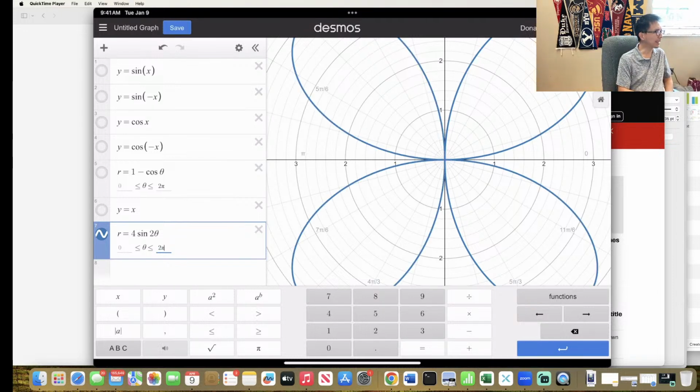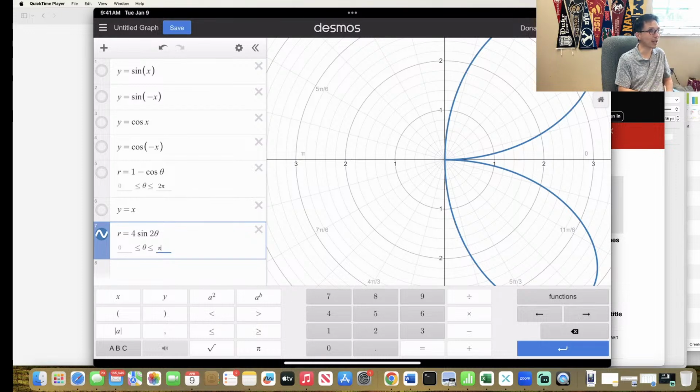But you're going to be like, wait, are they symmetric to the x-axis? No, they're not. Because if you do 0 to pi, 0 to pi is like this. If they were symmetric to the x-axis, it would be the exact same thing. So they are not symmetric to the x-axis. They are symmetric to the y-axis, because if you graph halfway, it only shows the right side. Does that make sense or no?